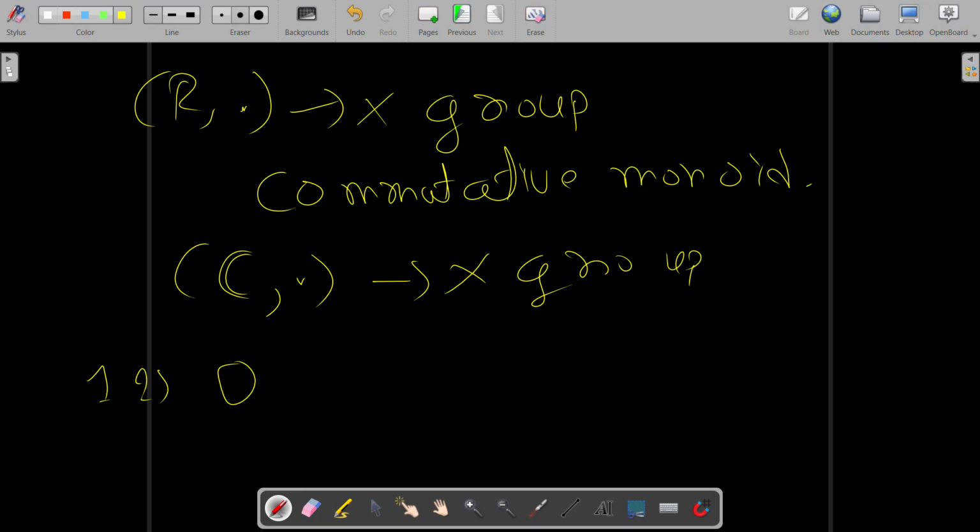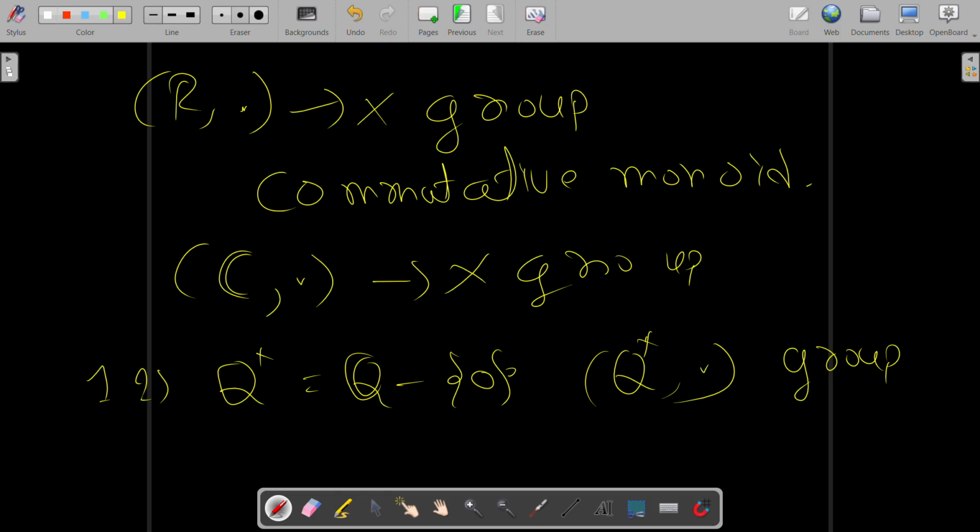If I take a set Q star, which is Q minus the element 0, the set of all rational numbers without the element 0, then Q star under the operation multiplication will form a commutative group, because 0 does not belong to Q star and 1 by 0 does not need to exist in this group, so Q star is becoming a group.